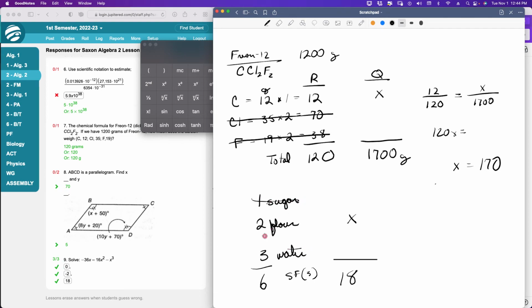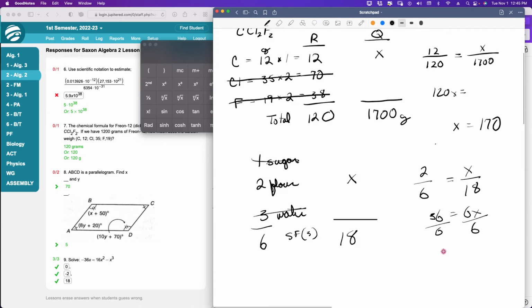So I don't care how much sugar and water is in it. I just want to know how much flour is in it. So 2 over 6, that's 2 out of my total of 6, is equal to how much out of a total of 18? Cross multiply. That's going to be 36 is equal to 6 times X. Divided by 6, we know 36 divided by 6 is 6.